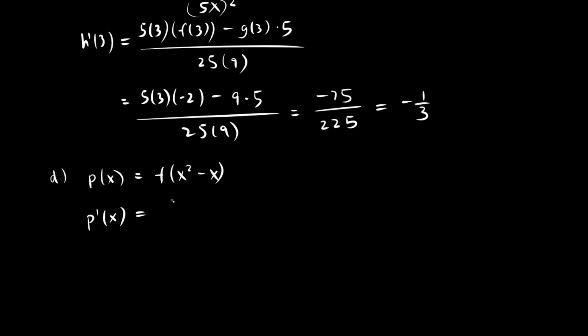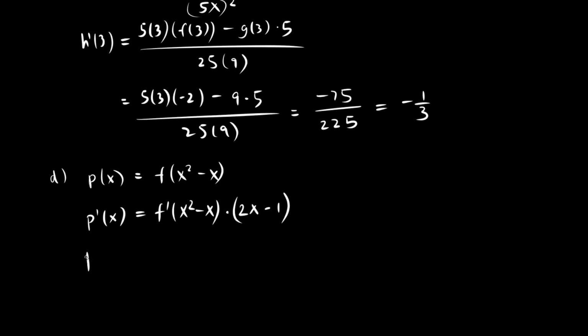The derivative of f of x squared minus x is just f prime of x squared minus x. And the chain rule states we multiply this by the derivative of the inside function. So the derivative of x squared is just 2x, and then the derivative of a minus x is just -1. And this should be in parentheses.